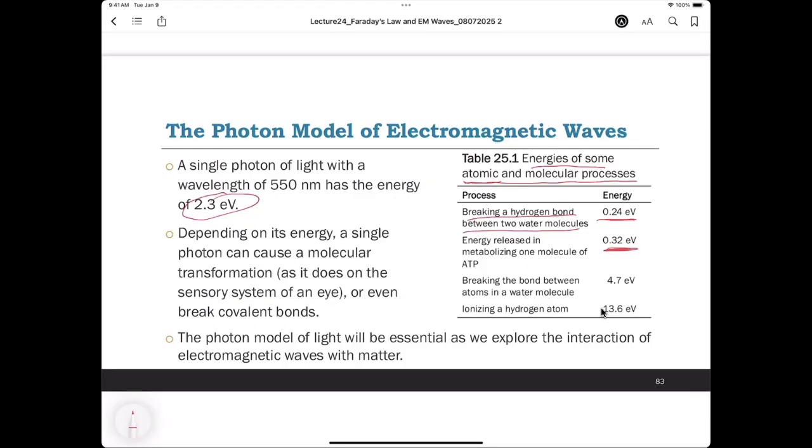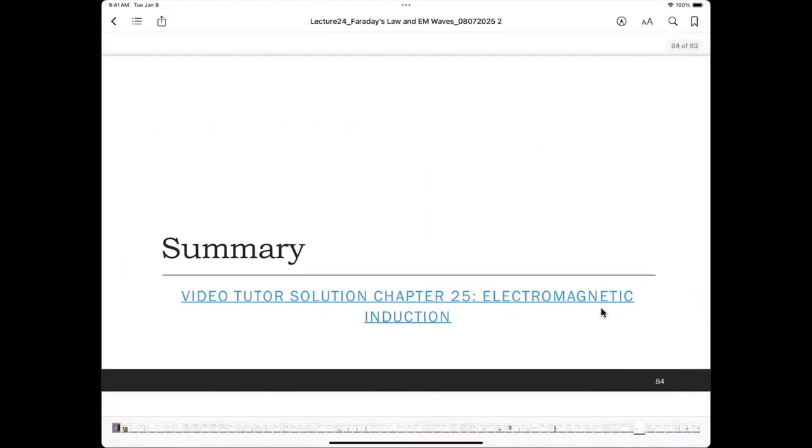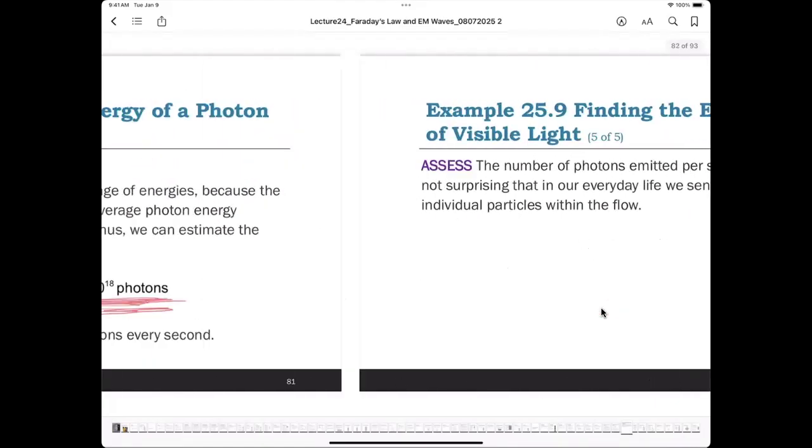Breaking the bond between atoms in water takes this energy, and ionizing a hydrogen atom takes this energy. So these are some common energies needed by atomic and molecular processes. Okay, this is what we talk about in today's class.